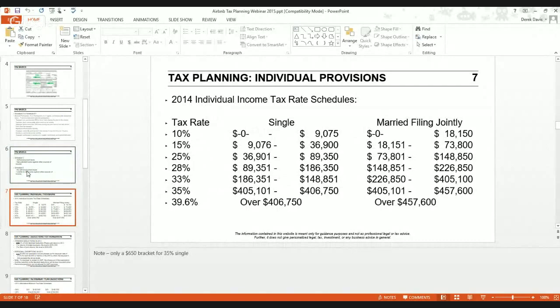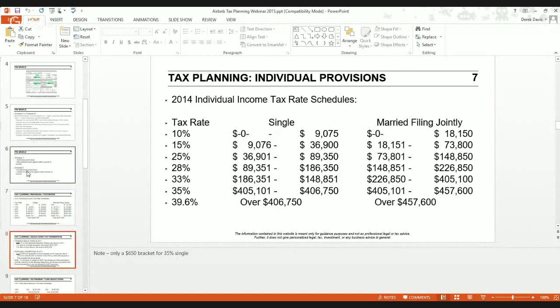So it's really important to know where you stand compared to what tax bracket you fall under. And it's also important to note that this is your net earnings. So this isn't the amount that's going to be reported on your 1099. This is the amount that you're actually going to take home. So it's your income minus your expenses.